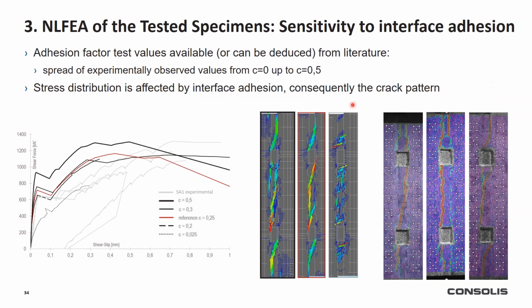And next, I continued with parametric analysis, starting with this cohesion factor for the interface. And we can see a significant influence in the models. This factor affects the stress distribution in the mortar and the concrete, and we can see a different crack pattern for different values.